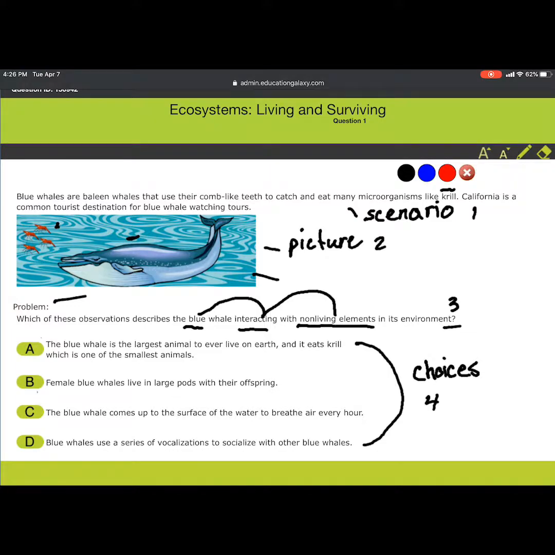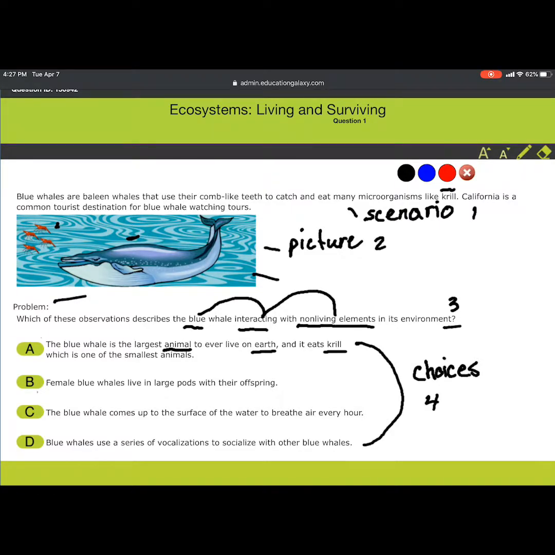Okay, let's read the options. It says the blue whale is the largest animal to ever live on Earth, and it eats krill, which is one of the smallest animals.